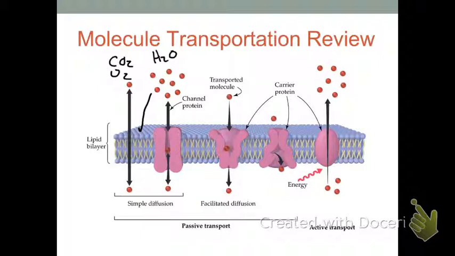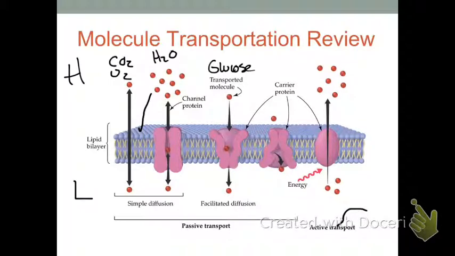But then we have bigger molecules, or molecules with charge, like glucose. It can be transported with facilitated diffusion. This protein does not require energy. When the molecule attaches to it, it changes shape and pumps the molecule in. All of these move from a high concentration to a low concentration area.